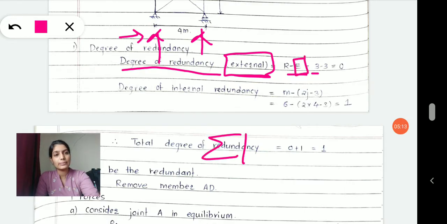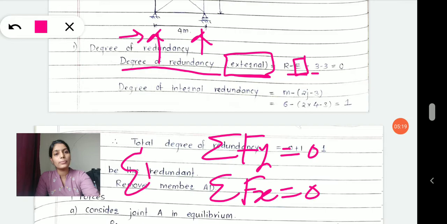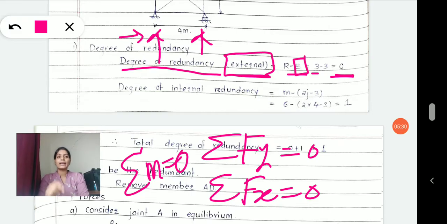Of course 3: summation Fy equals 0, summation Fx equals 0, and summation of moment at a particular point equals 0. Putting the equilibrium equations and reactions into the formula, we get the answer 0. It means that my structure is externally determinate. No extra unknown is left over.